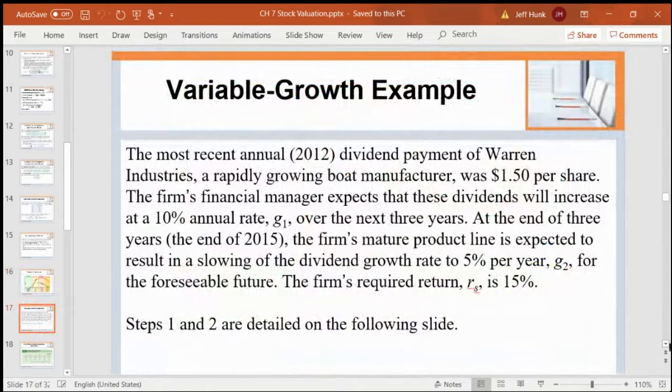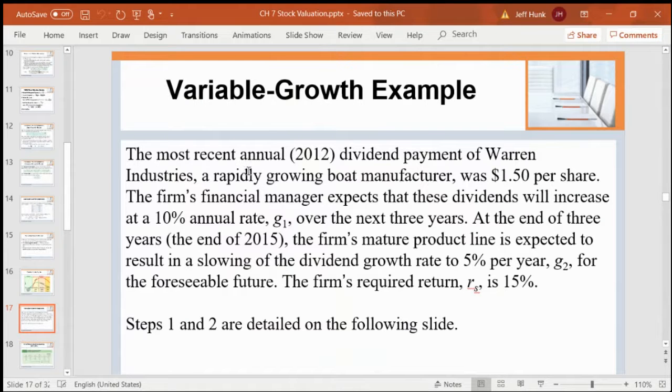So let's go into an example. We discussed the background of the variable growth model in the last class, so let's move on to the example and take a look at this.